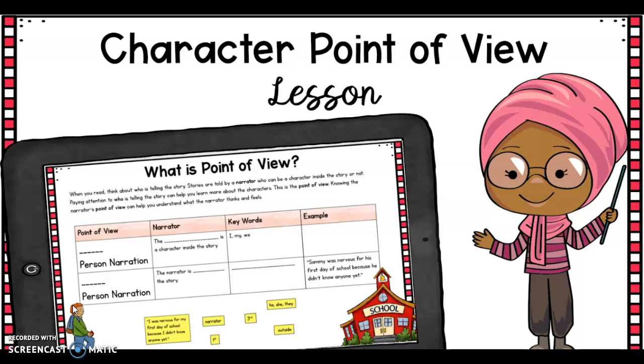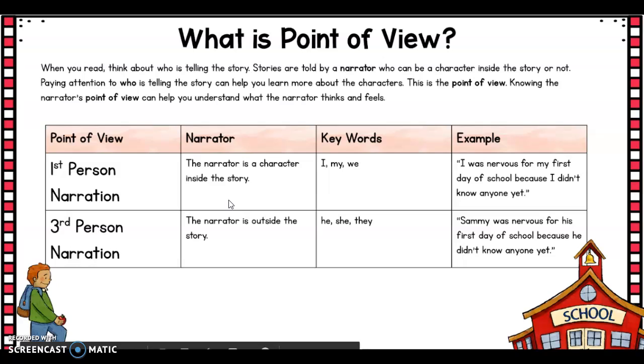Character point of view is the person who is speaking, the person telling the story. If we were talking about first person point of view, the narrator would be in the story. We would hear keywords such as I, me, we, or us, because us and we also includes me.